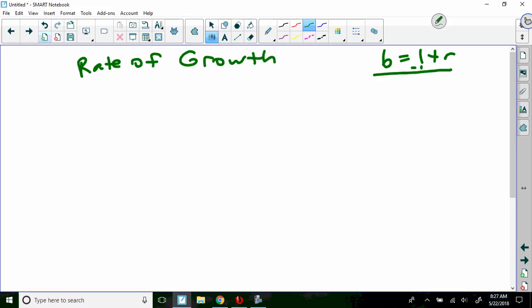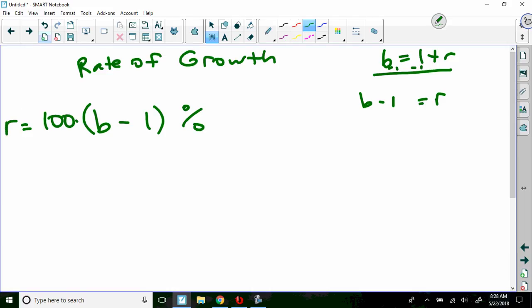So we'd subtract 1 from both sides. So r is b minus 1, but r is usually given as a percent. So the rate of growth is going to be b minus 1 with a percent tacked on the end. And to make it a percent, we need to multiply it by 100.